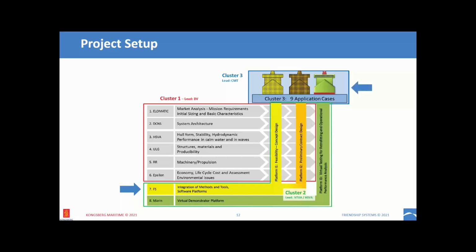And finally, the third cluster refers to the application cases, so different design cases that were carried out using the tools developed within this project. And the application case that we will see today is part of this cluster 3.